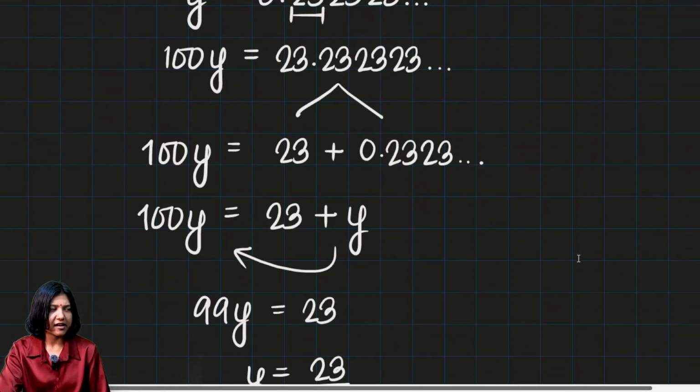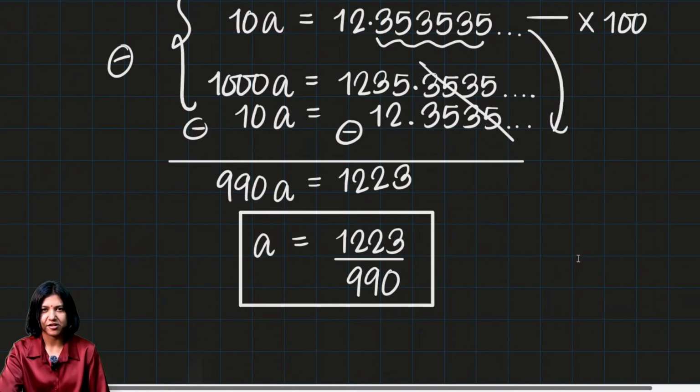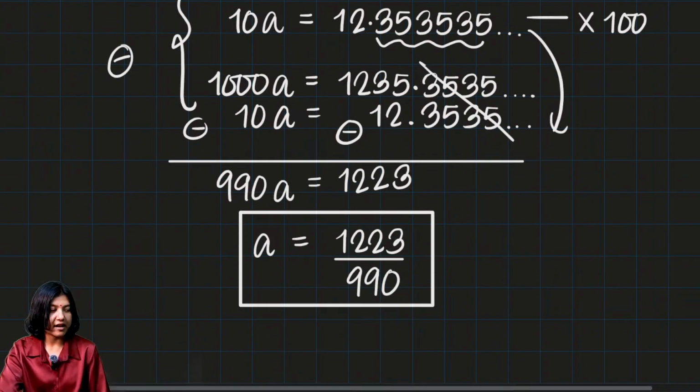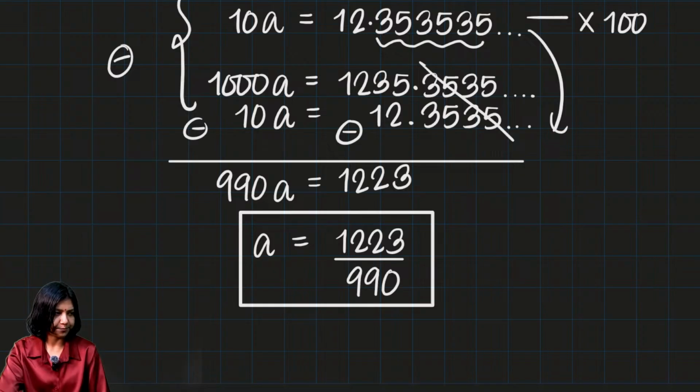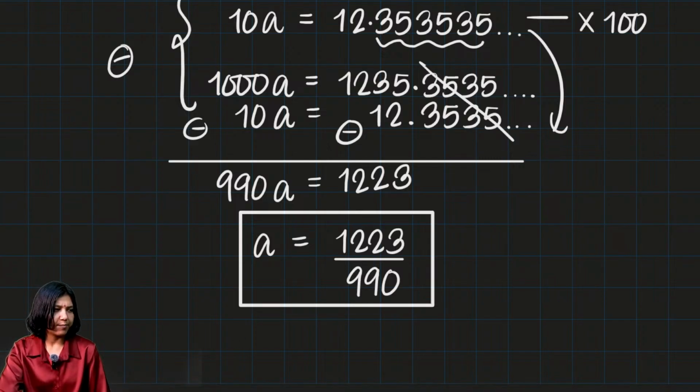And this is how you will definitely approach questions based on decimal expansion. I'm sure this has made a lot of sense, and this is the exact kind of question they'll ask you in your exam.